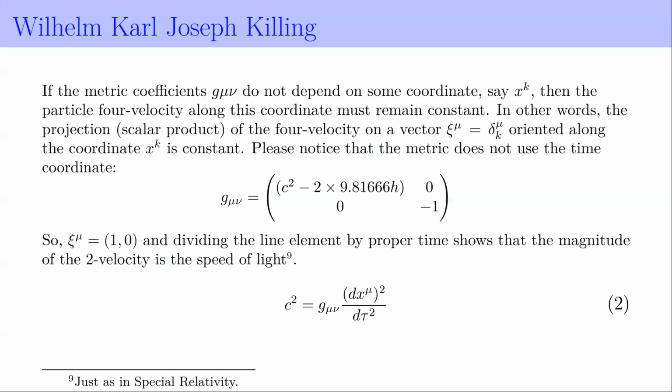Well, it's also true in general relativity. If you divide the metric by d tau squared, it also comes out to be the speed of light squared. So this is not just a result of special relativity, but also of general relativity. We all move at the speed of light.